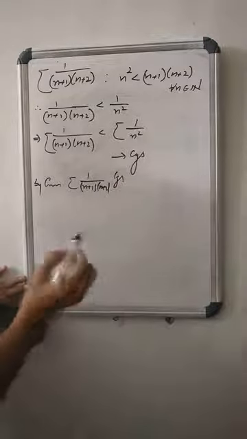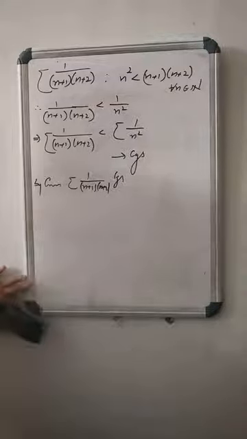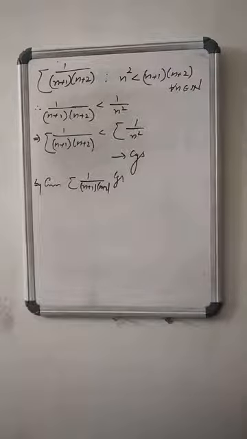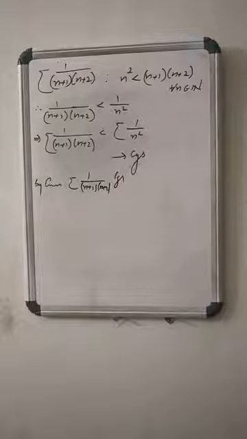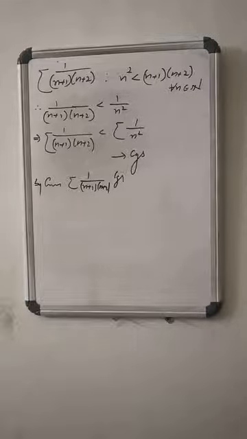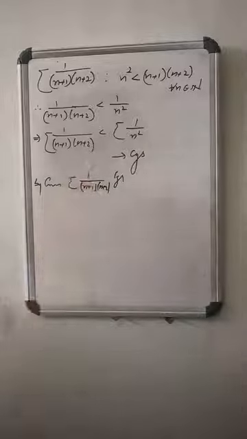Agreed. So its modulus also converges. Therefore, sigma 1 by (n plus 1) into (n plus 2) converges absolutely. Okay, so this solution is by using the limit comparison test.